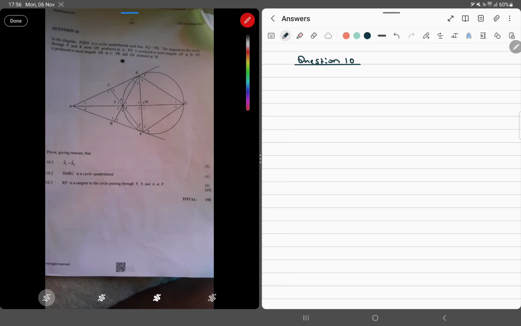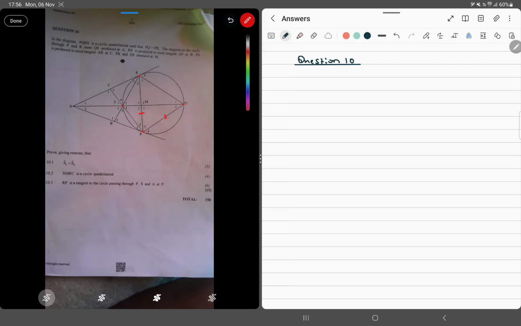Okay, masiyeni ke bafowethu. In the diagram PQRS. So where is that? P, Q, R, and S. I cannot annotate this one better, so just follow those dots. It's a cyclic quadrilateral. Obviously, the points are at the circumference such that PQ is equal to PR.